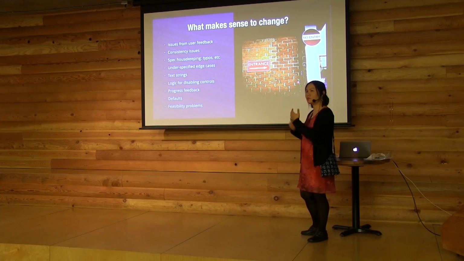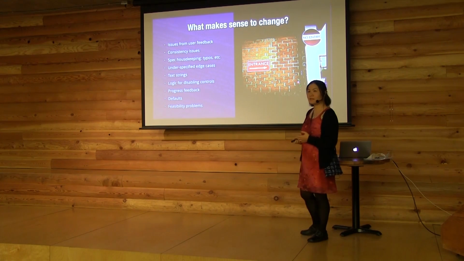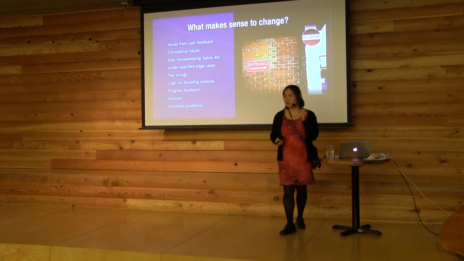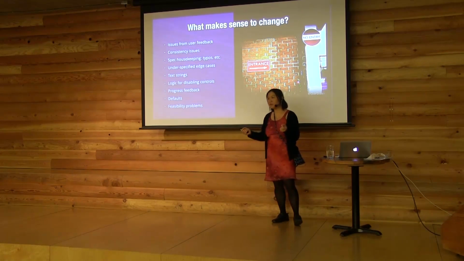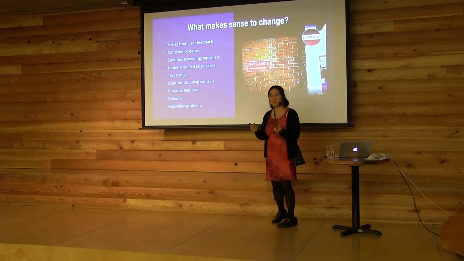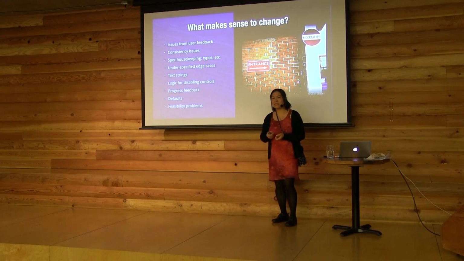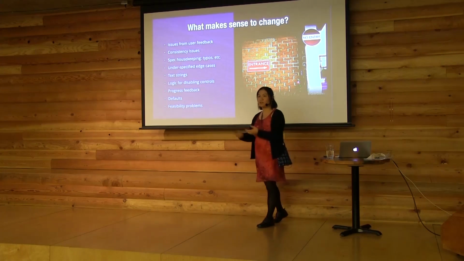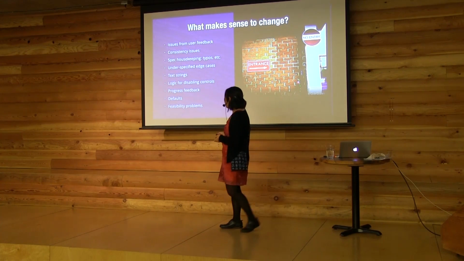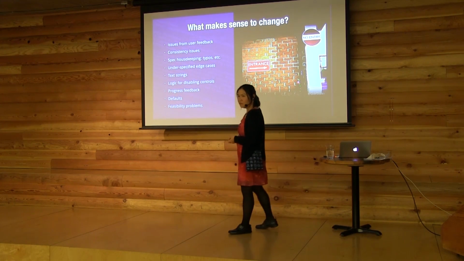Progress feedback is a good example. You should have a certain type of progress indicator if something's going to be completed in a few seconds, and if it's going to take more than that, you should have a different indicator. And you don't know what's going to be the long operation until you code it.